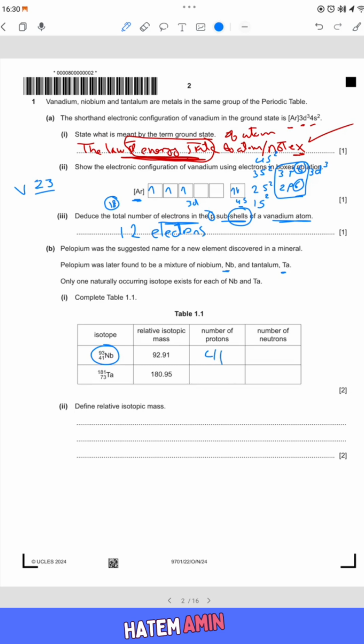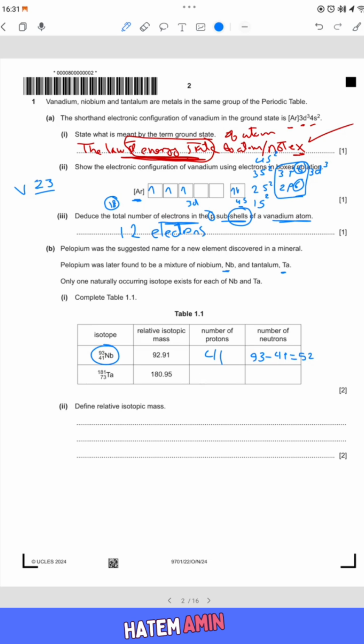That's it. Okay, number of neutrons. The number of neutrons equals the atomic mass number minus the number of protons, which is 93 minus 41, to give us 52. Next is the number of protons in the case of tantalum.